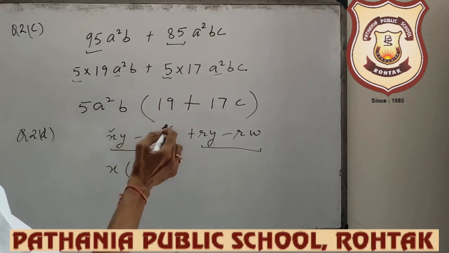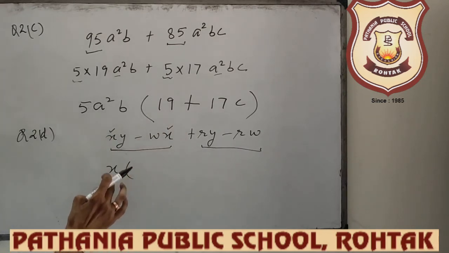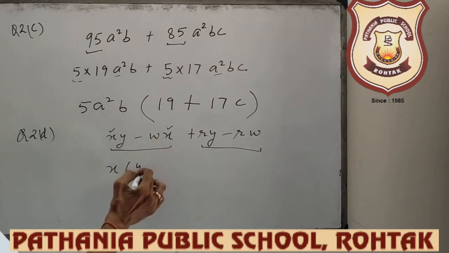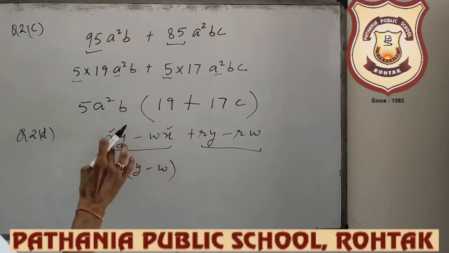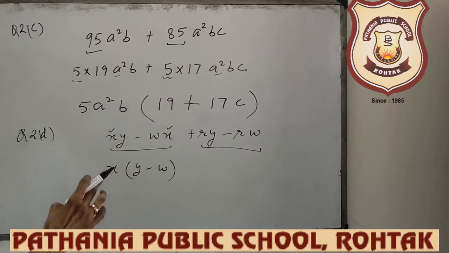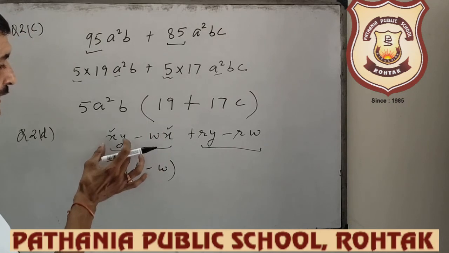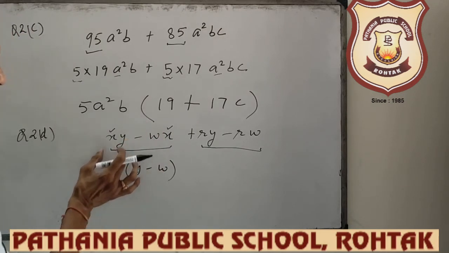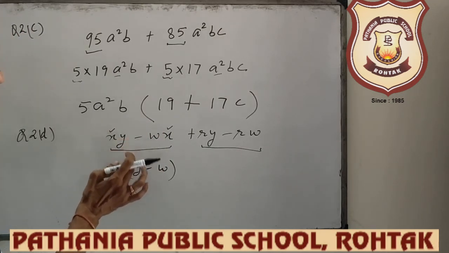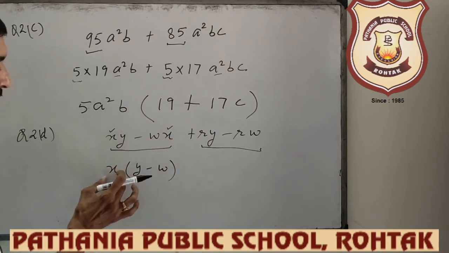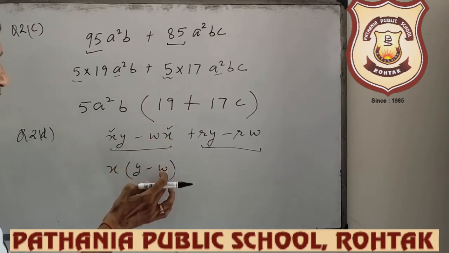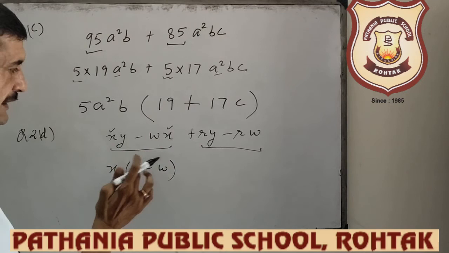So x is common, the leftover terms are y minus w, because x is outside. Or in other words, according to the rule, whatever be the common, divide the term by that number: divide this by x, we will get y, and divide this by x, we get w, x outside.